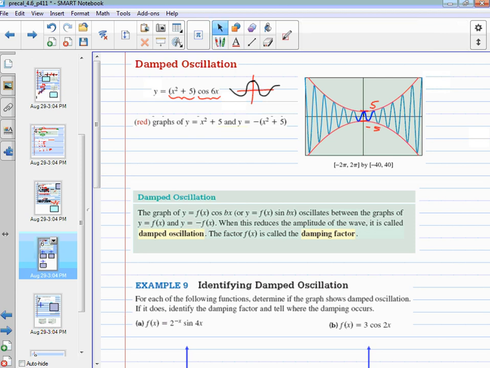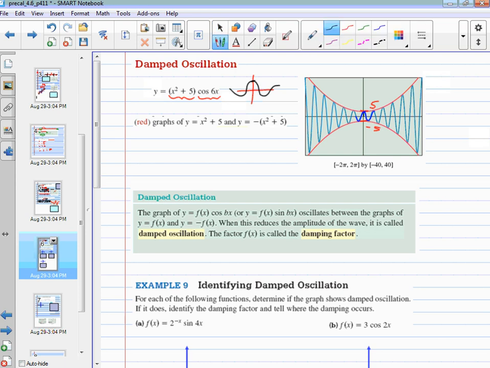But it is bounded by that polynomial and the inversion of the polynomial, the x squared plus 5 and the negative x squared plus 5. Now the red doesn't show up when I graph it. Only the blue shows up, but the polynomial is the boundary of it. And wherever it is squished, we say it has been damped, D-A-M-P-E-D. It is damping that is going on.